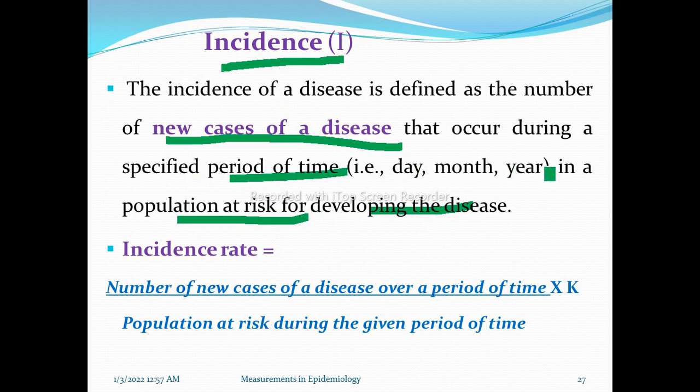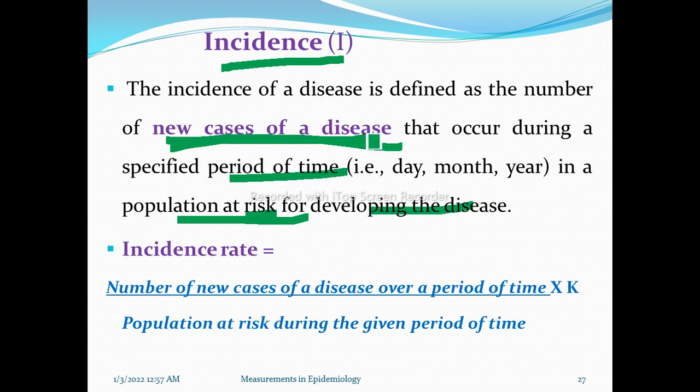The number of new cases of disease is the numerator, the population at risk is the denominator, and the period in time means the follow-up period. So these three things should be fulfilled in incidence.